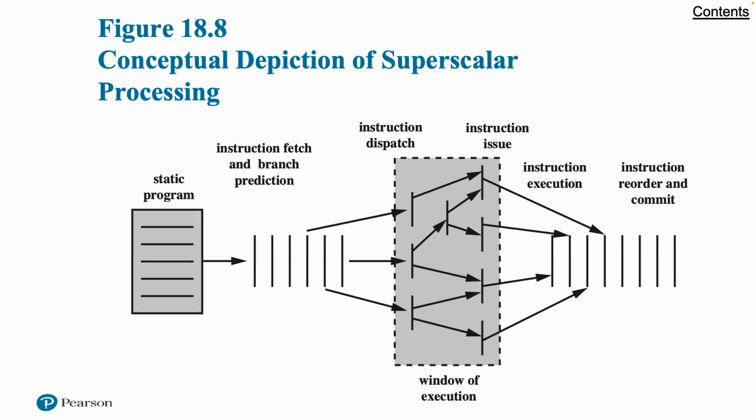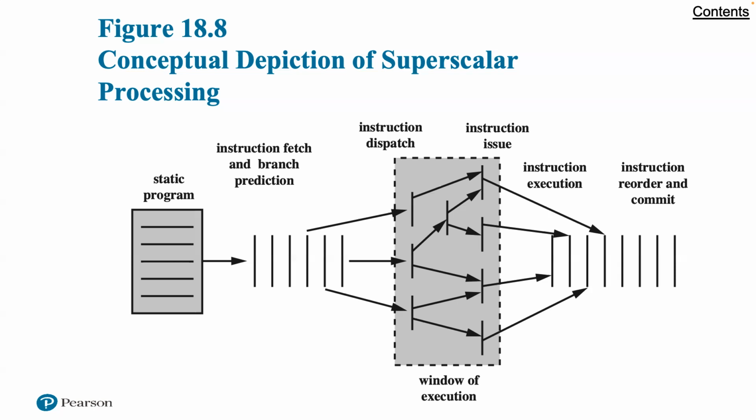The step is needed for the following reason. Because of the use of multiple parallel pipelines, instructions may complete in an order different from that shown in the static program. Further, the use of branch prediction and speculative execution means that some instructions may complete execution and then must be abandoned because the branch they represented is not taken.